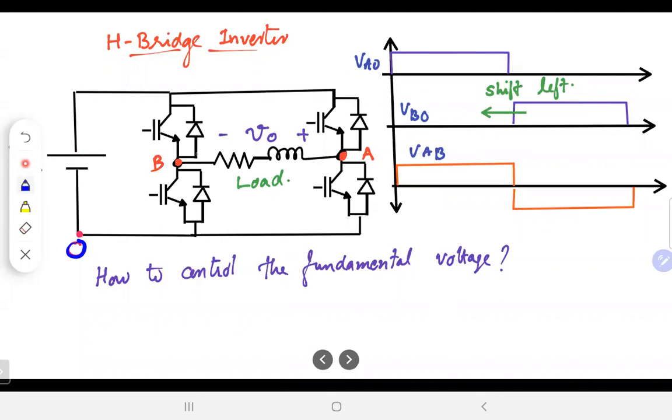With respect to the O point, it could be either 0 when it is connected to this one, or when it's connected to the top point, it will be plus VDC. So it will be plus VDC or 0. If you shift it to the center point, it would have been plus VDC by 2, minus VDC by 2. It doesn't matter, but it's some common reference point. Now I have chosen the negative of the DC link as the reference point. So it's plus VDC by 2, minus VDC by 2.